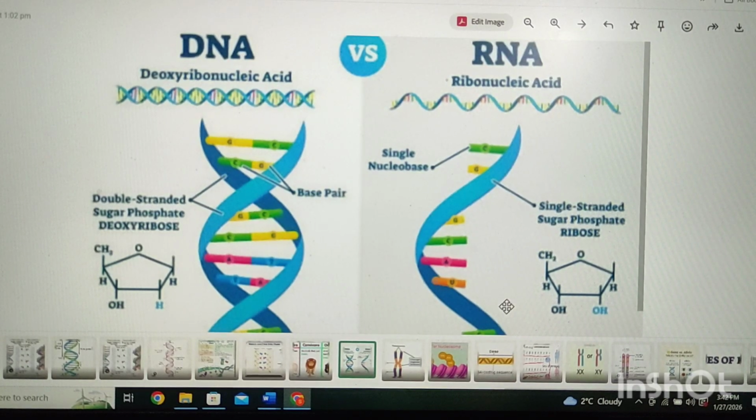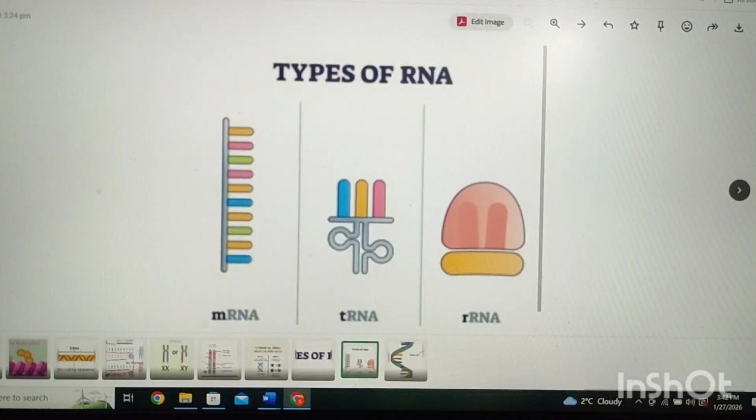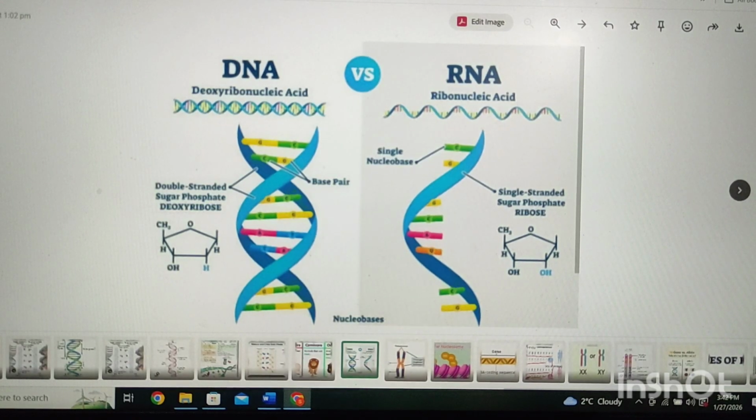Its three main types, as we discussed, are ribosomal RNA, messenger RNA, and transfer RNA. After that, again we have their base pairing. As we have discussed, thymine is replaced by uracil in RNA.